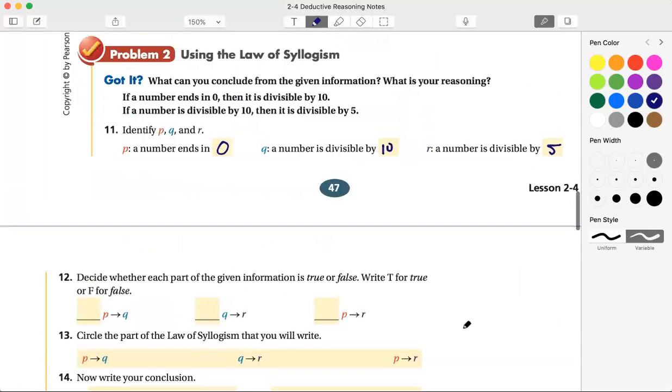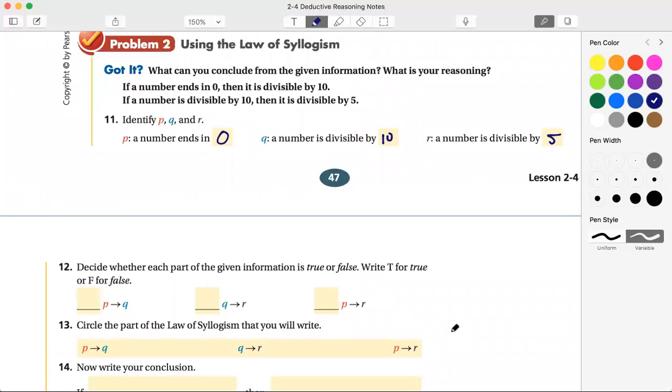So decide which of these parts is true or false. Does P imply Q? Is that true or false? If it ends in 0, it is divisible by 10, that's true. Next part. If a number is divisible by 10, is it also divisible by 5? That's true. So if I know both of those are true, is the final statement true?